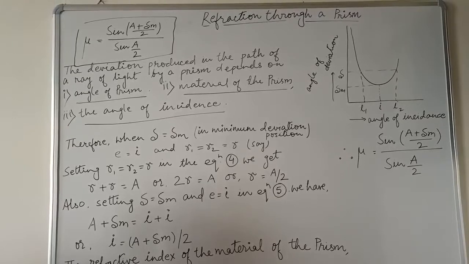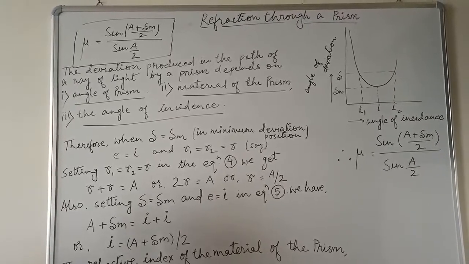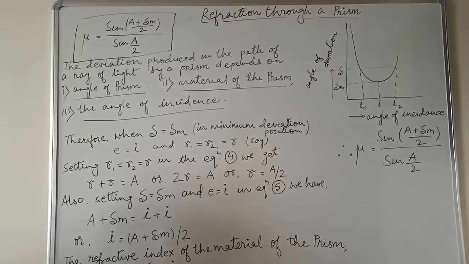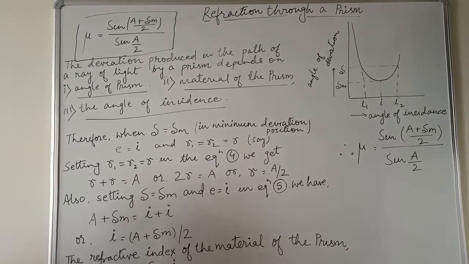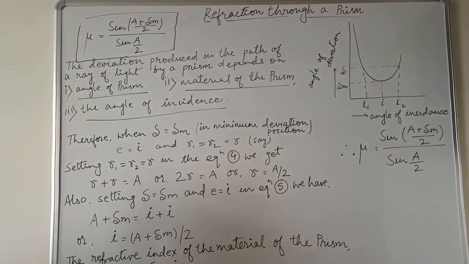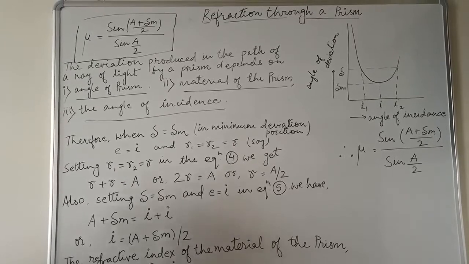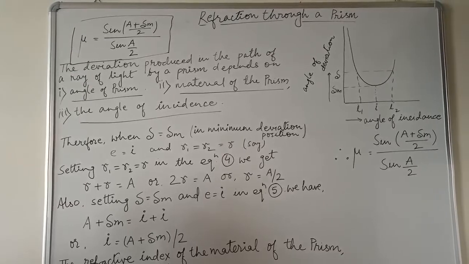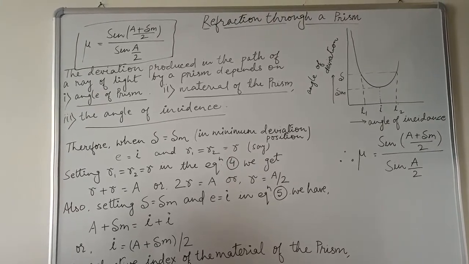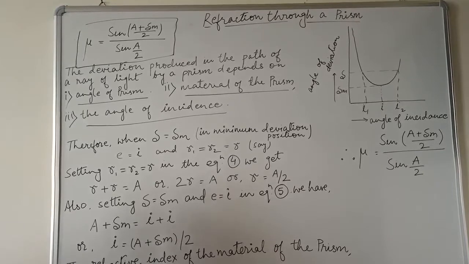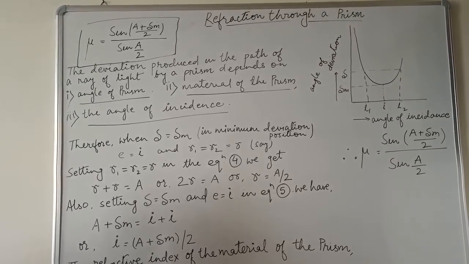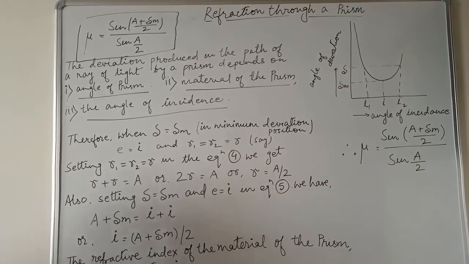That is, the angle of incidence is equal to the angle of emergence, E is equal to I. Obviously, the angles of refraction at the first face and the second face are also equal, and as a result, the refracted ray passes parallel to the base of the prism.